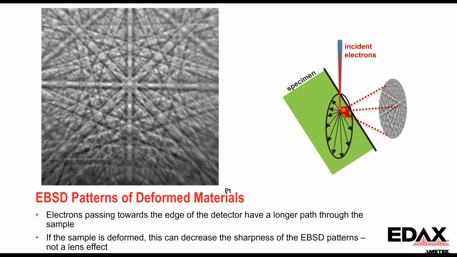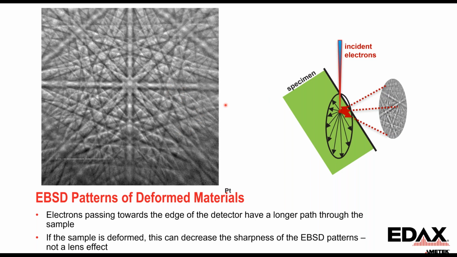As the electrons interact with the material, if your dislocation deformation content is higher, you're going to get more diffuseness and blurring from the increased interaction with that deformation. So we see patterns where it's sharp in the center and more blurry towards the edge. Traditionally, we're quick to say, is that an effect of the detector, or is that real microstructural information? Well, we know now it's not a phosphor effect, it's not a lens effect, it's not an optical effect.